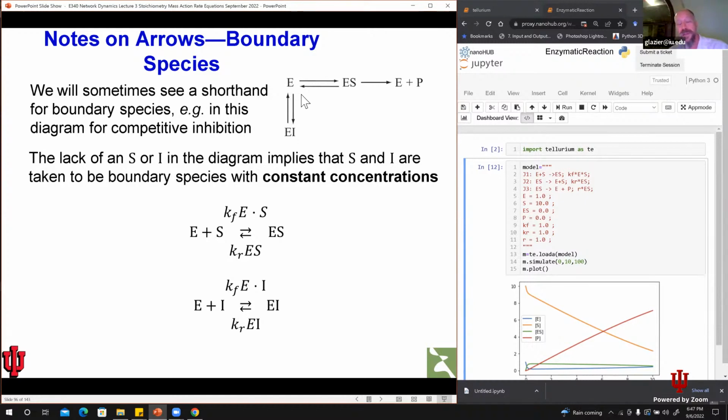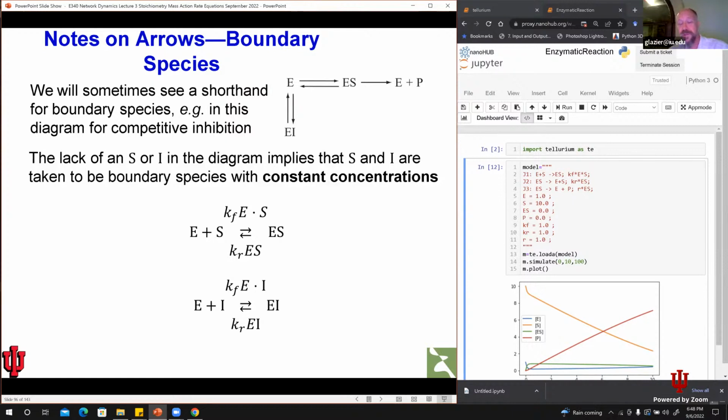And so I've done something like an apostrophe in English. I've taken 2 chemical reactions that are fundamentally separate. E plus S goes reversibly to ES. E plus I goes reversibly to EI. I've neglected to write the I and the S, and I've glommed the 2 things together.